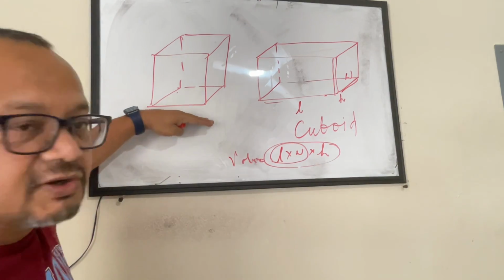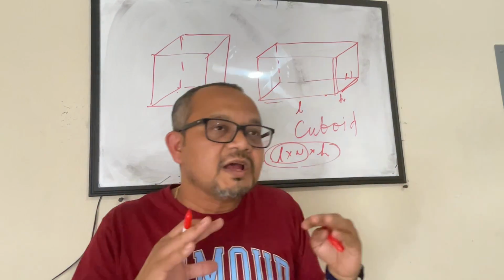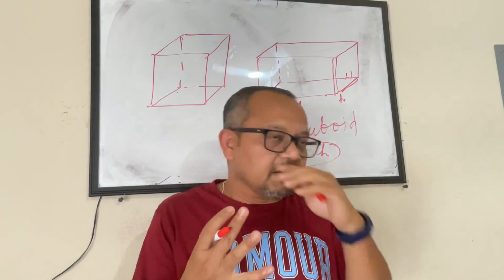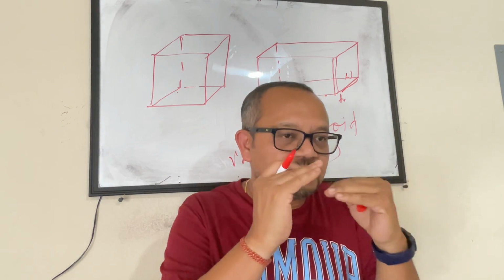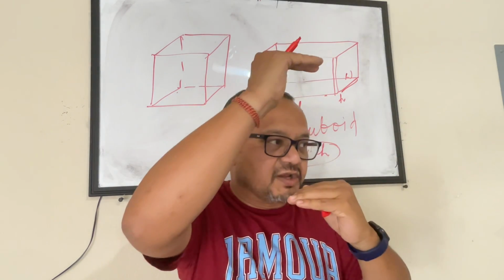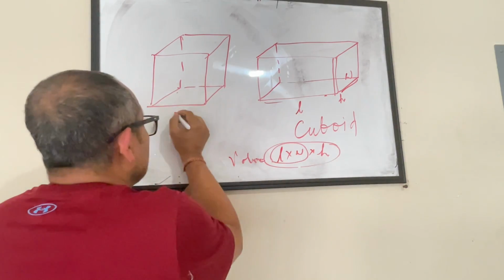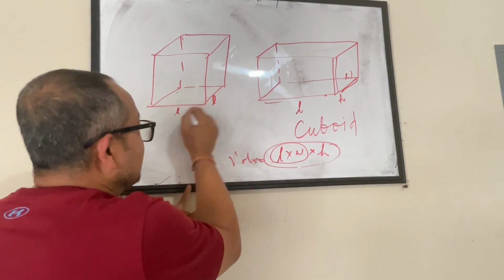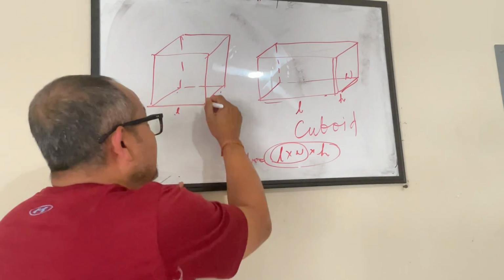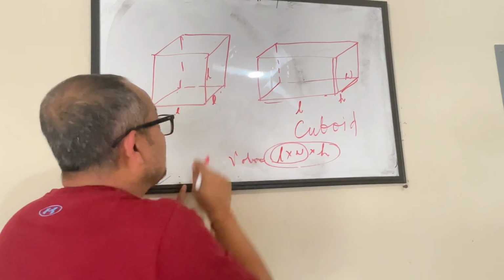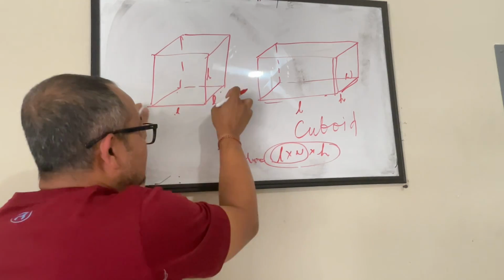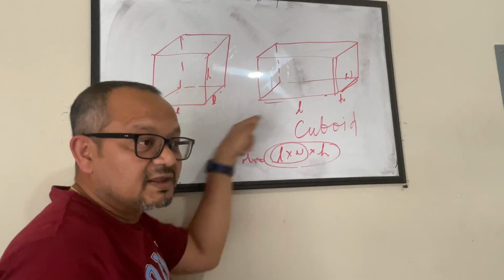So the volume of a cuboid is length times width times height. Same way you can visualize a cube also. The main property of a cube is nothing but a square extended vertically to an extent where the height is also the same. In case of a square we know that the length and width are the same. Here we will call it a cube only if the height is also the same as the length and width.